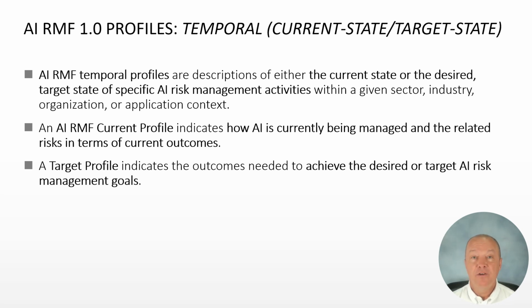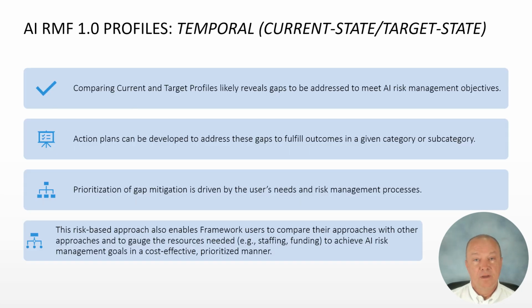Typically, we will have both a current state and a target state profile, because what is in between will be our roadmap to improvement. So, comparing current and target profiles gives us that roadmap by revealing gaps to be addressed to meet AI risk management objectives. We know that action plans could then be developed to address these gaps, fulfilling outcomes in a given category or subcategory objective.